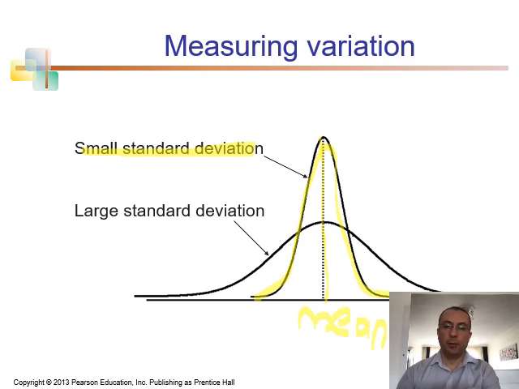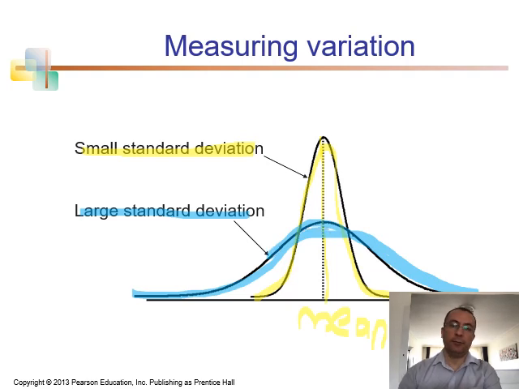And let's say the blue one has a larger standard deviation. Now we know this by looking at the graph, but if you calculate, you will actually see the difference. Because standard deviation is a measure of spread, and the blue line has a higher spread, obviously, although they have the same mean.